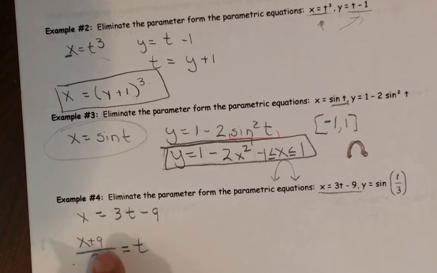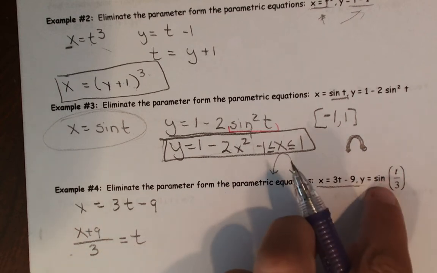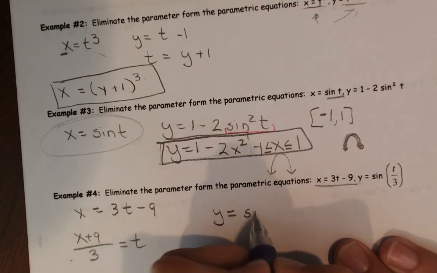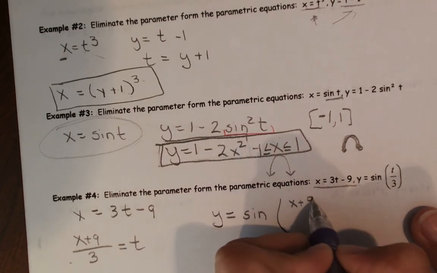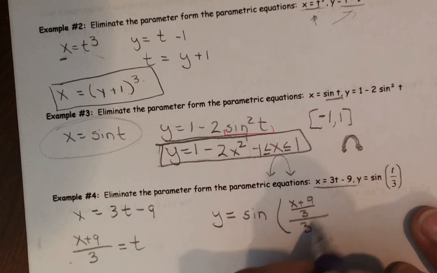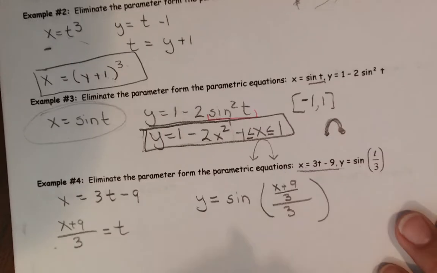Now that I've solved for t here, wherever I see t in this equation, I'm going to plug that in. So I'm going to say y equals sine of (x plus 9 over 3) over 3. But we know not to leave a stacked fraction like that.